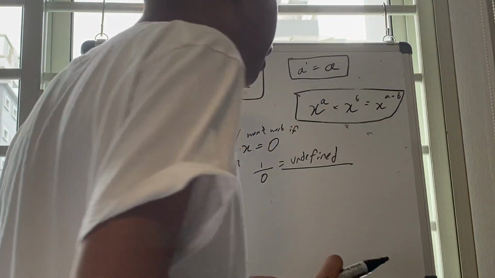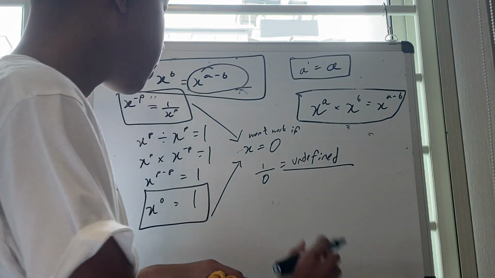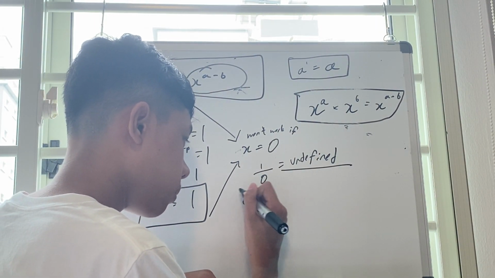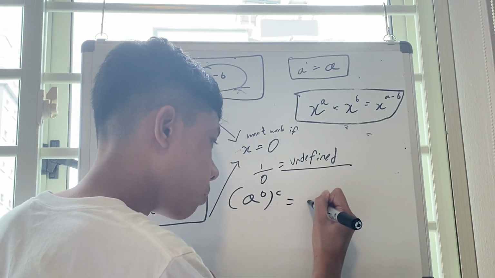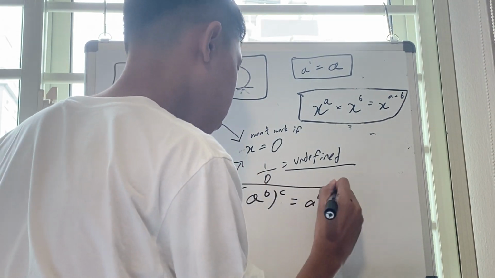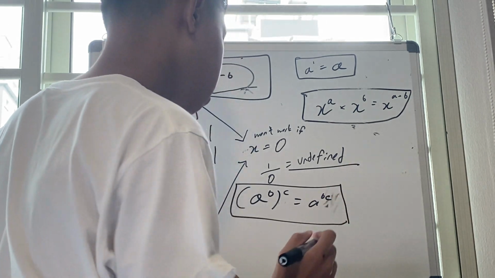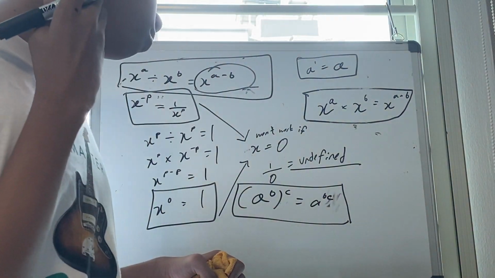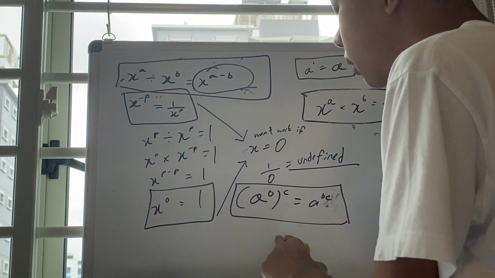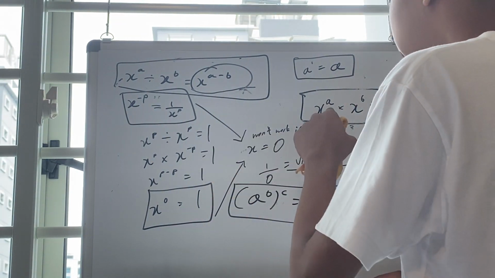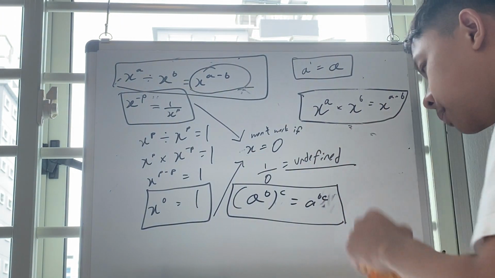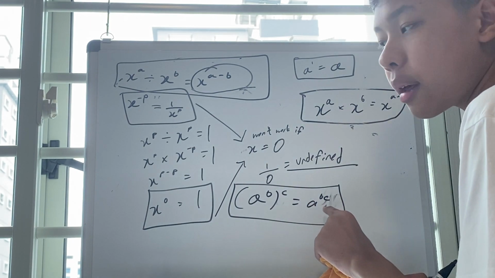Now, the last law we're going to look at. You're going to be wondering, if multiplying gives a plus b for the base x to the power a plus b, why is it just multiplication instead?